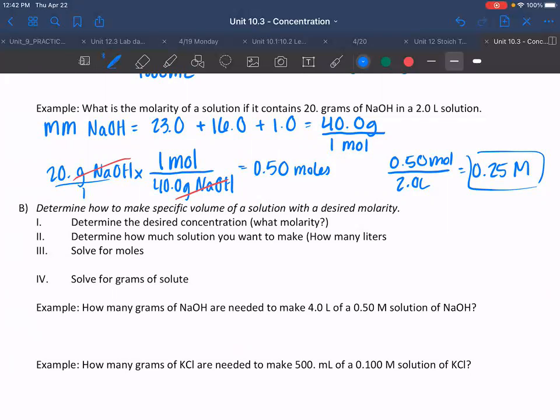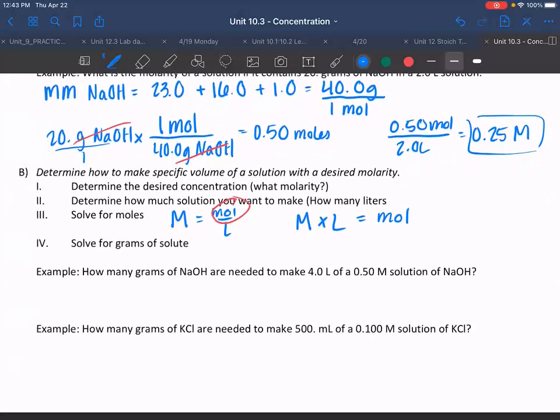So to solve for moles here, think about molarity being equal to moles over liters. If you were to just solve for moles, it would end up being molarity times your volume in liters is equal to the number of moles. So you're just multiplying your liters by your molarity to get your moles of your substance. And then you'll use a conversion using molar mass to solve for grams.